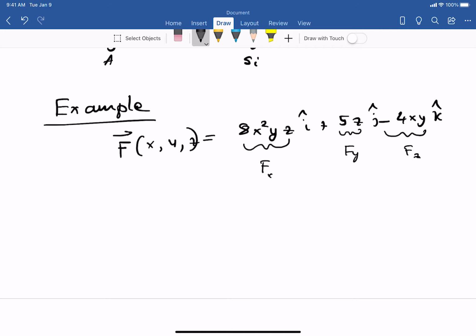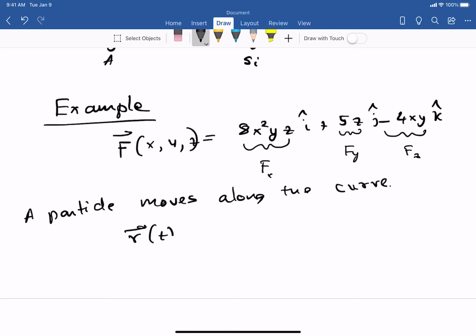Okay, now we are told that a particle under the influence of this force moves along the curve which is given by r of t is equal to i hat t, so t is the parameter, it's a parametric position vector, plus j hat t squared plus k hat t cubed.